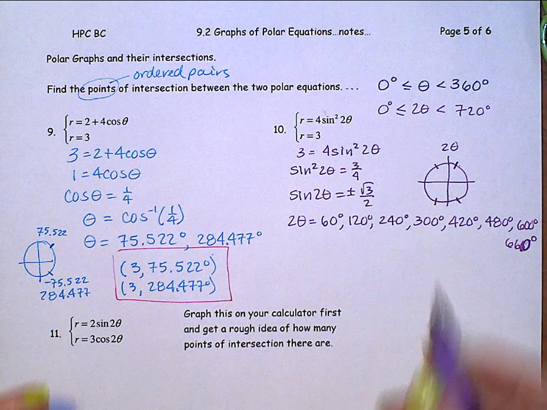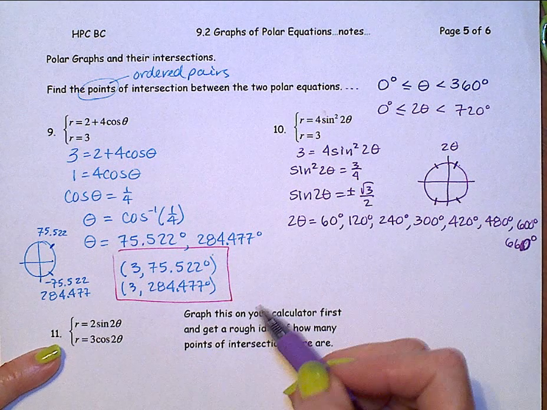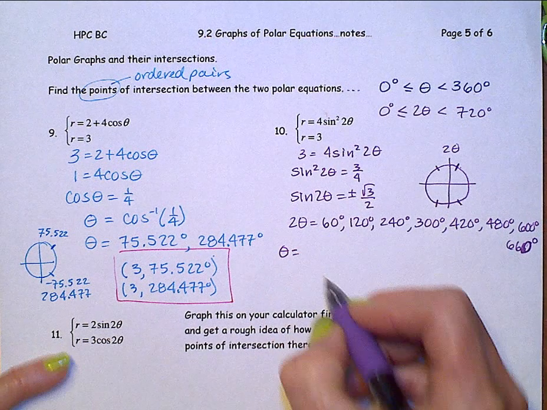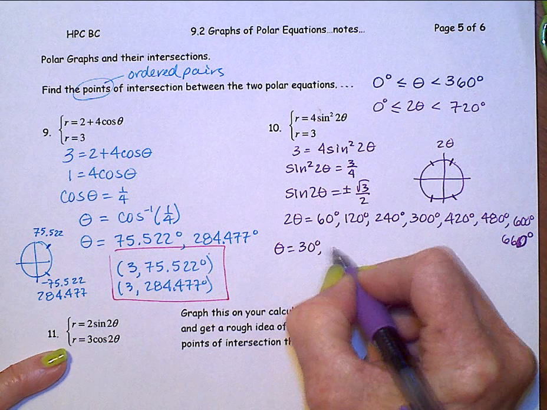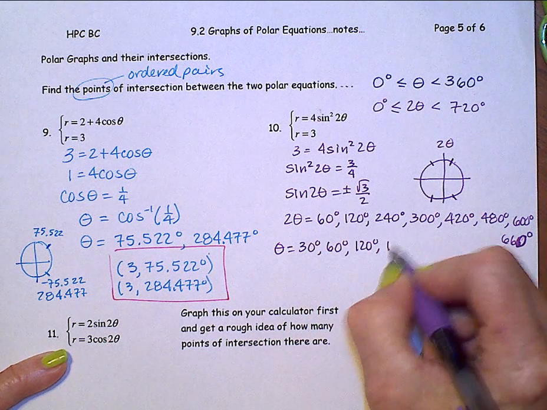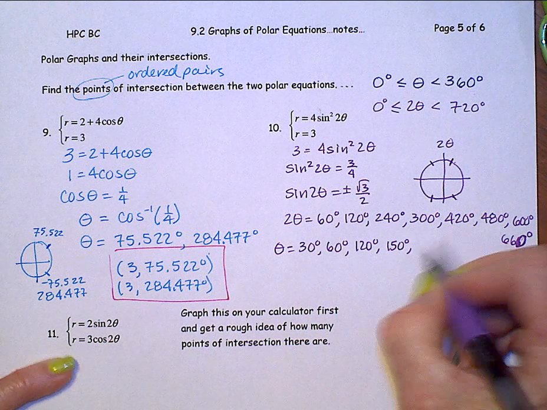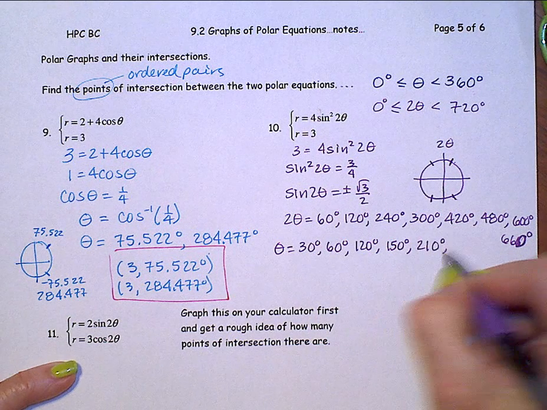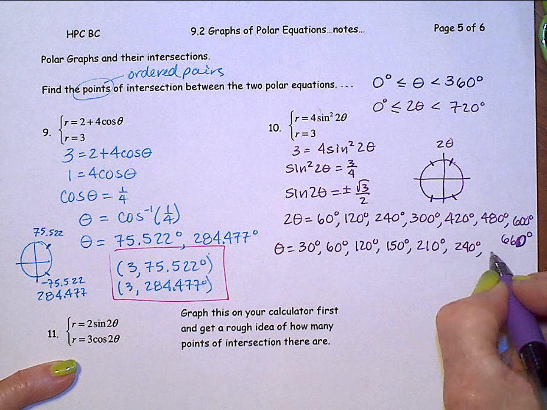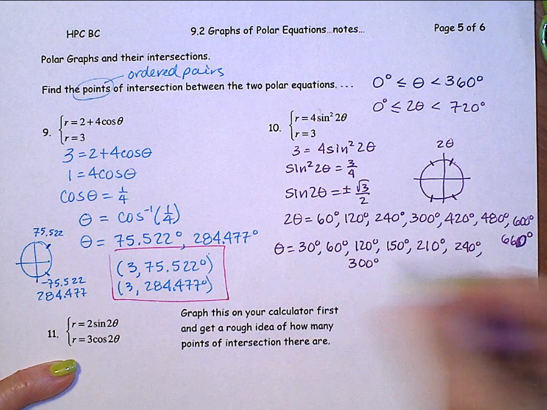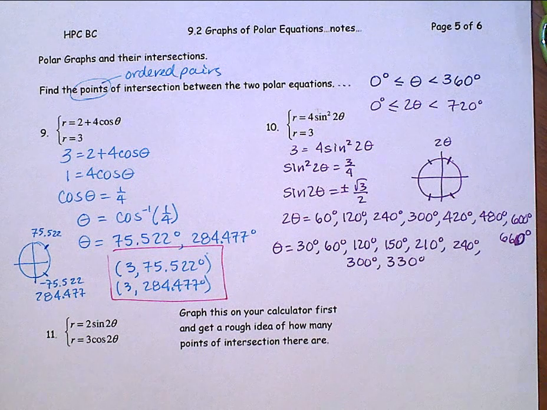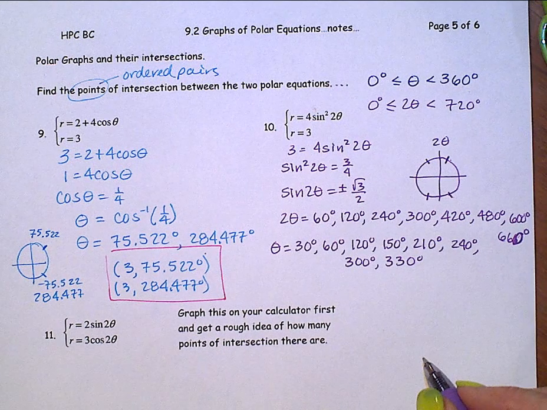All right, those are all answers for 2 theta, so we'll need to divide all of these by 2, which means that theta is 30, or 60, or 120, or 150, or 210, or 240, or 300, or 330. There's theta, but we are not done.